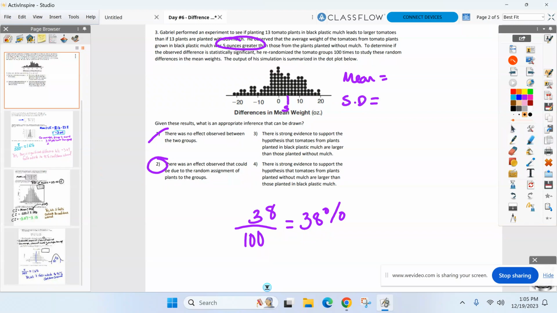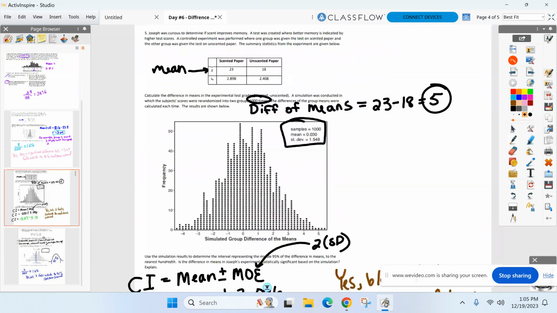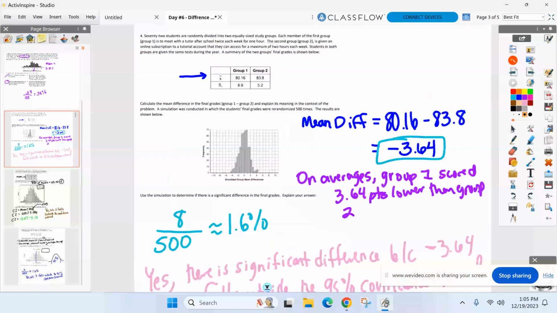Number 5, we could calculate it because it gave us these values. Calculate it and see where your number falls. If it doesn't give you the mean and standard deviation, then we have to count how many are at or above or at or below and put it over the total to see if it's 5 percent or below.